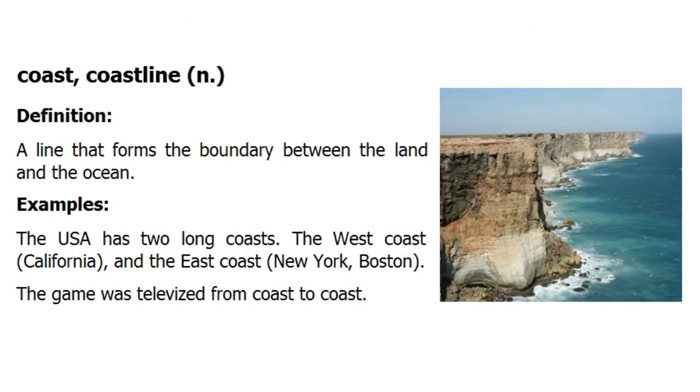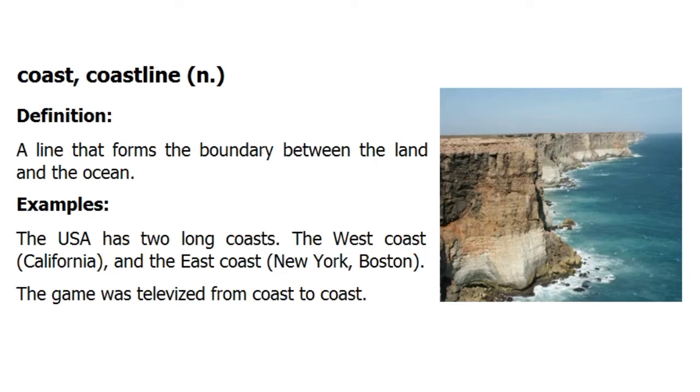So let's have a look at some useful vocabulary from this introduction. Coast, coastline, a line that forms the boundary between the land and the ocean. It's not the same as a beach. A beach is only one spot on the coast or on the coastline. The coastline is the whole area where a country meets the ocean.